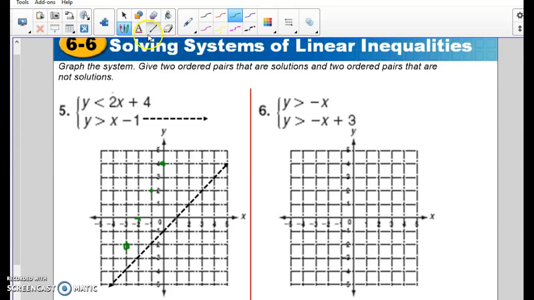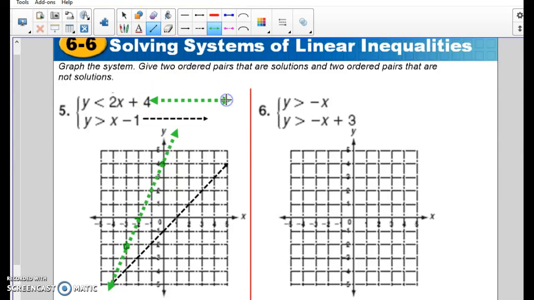Okay, so there's that graph. See if we can connect the dots here. All right, and there we go. So those are my two lines. Let's extend this out. There's my green graph on top, and my black line graph on the bottom.